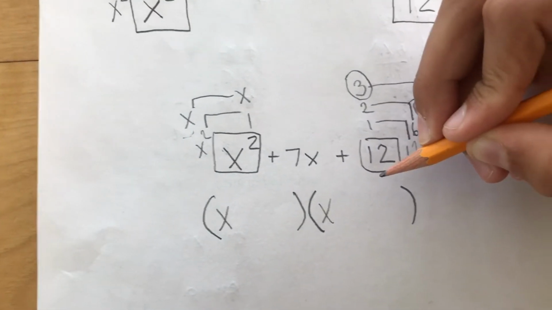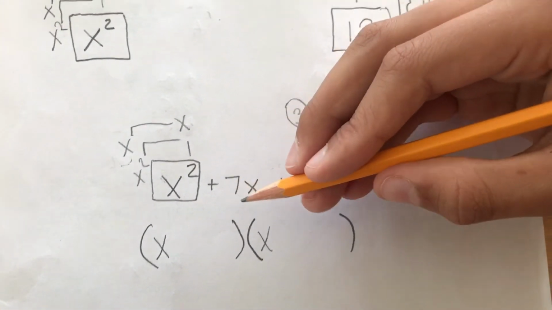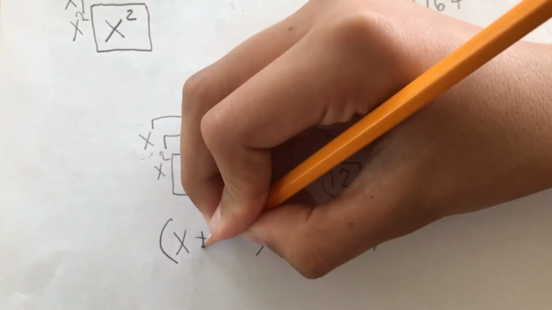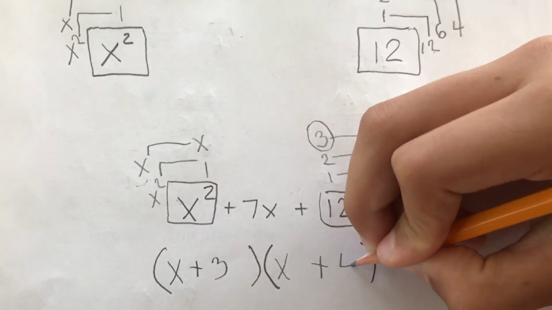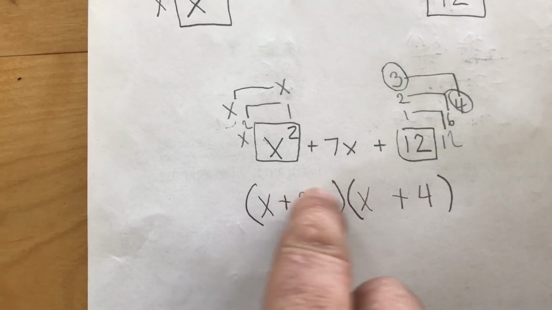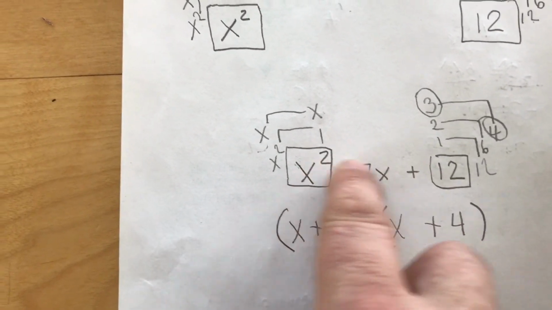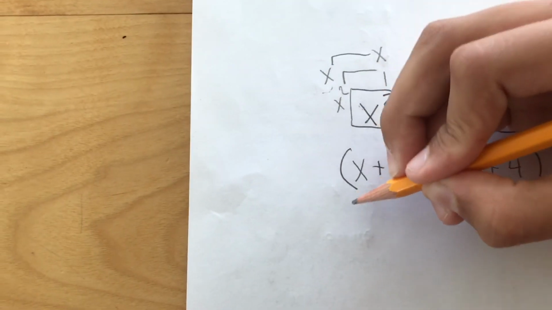Okay, now what are the factor pairs that you decided to put as the second term of these binomials? Positive 3. And positive 4. Fantastic. Nice job. All right, now I want you to FOIL these and see if you come back to this original trinomial, okay? So go x times x, you know what you're doing? Okay.